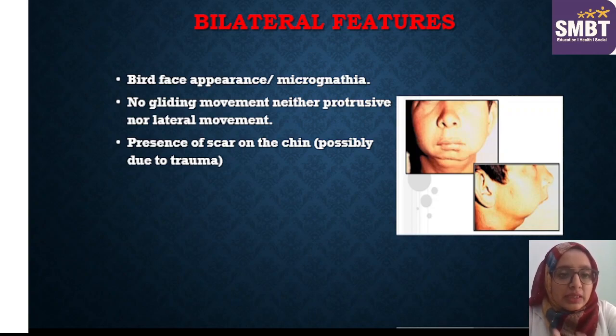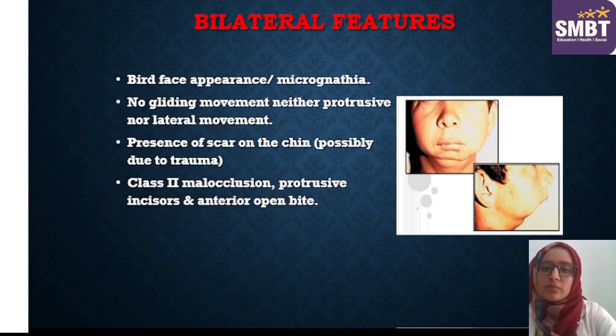While delivering by forceps, if the forceps is held on this region, just in front of the external acoustic meatus, this could lead to trauma to the developing TM joint, and there you will see a scar mark also. Class 2 malocclusion, protrusion and anterior open bite.